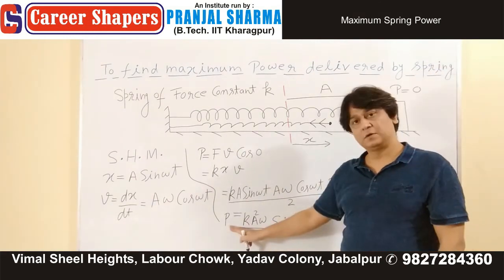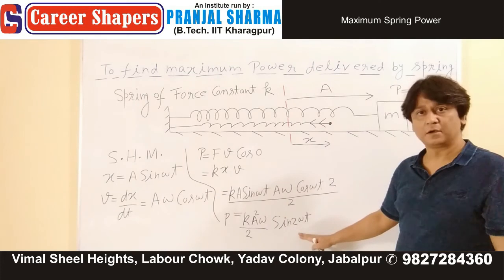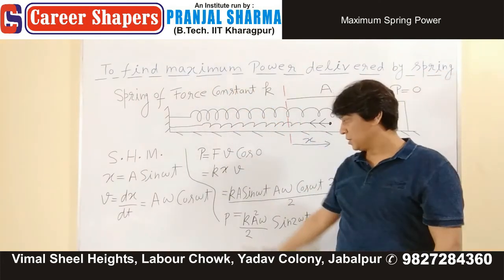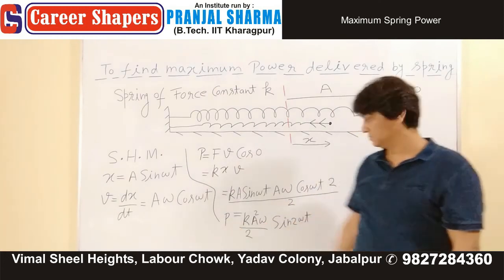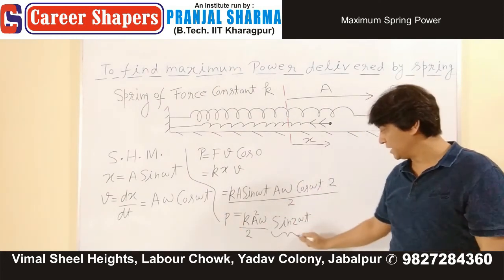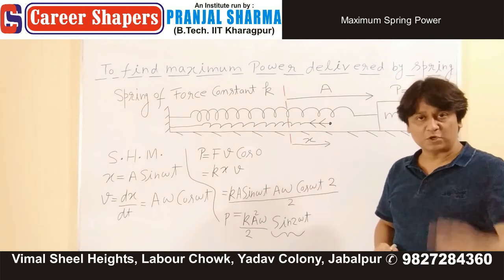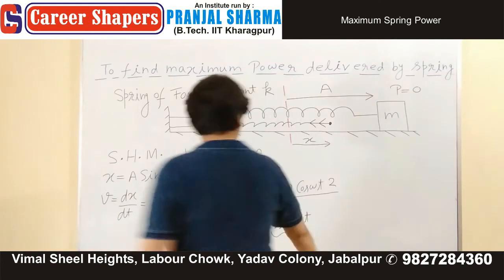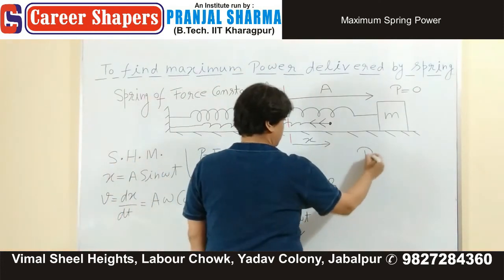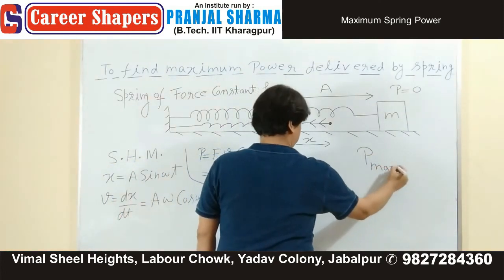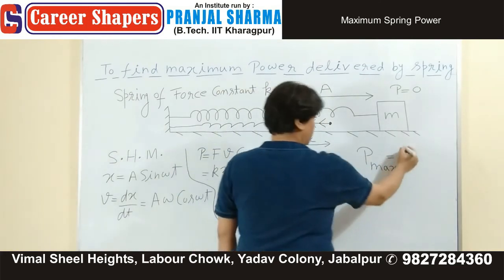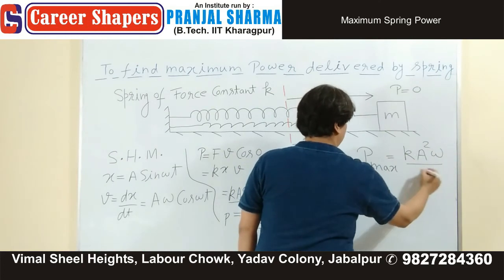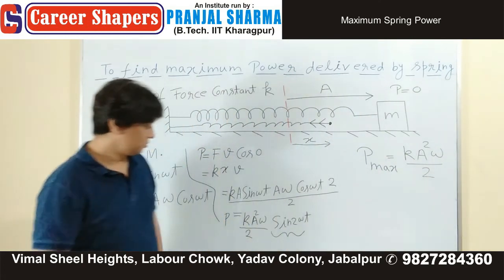Your power is a function of sine, and you need what? Maximum power. When P is maximum, this term of sine should be maximum. So what is the maximum value of sine? 1. You immediately got the value of P max. P max is coming k a square omega divided by 2.